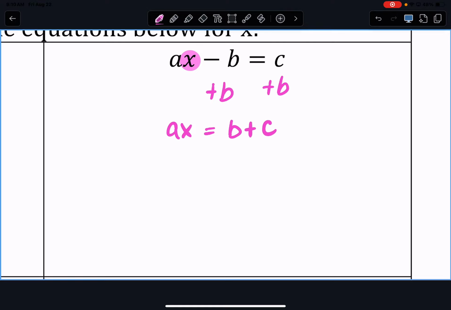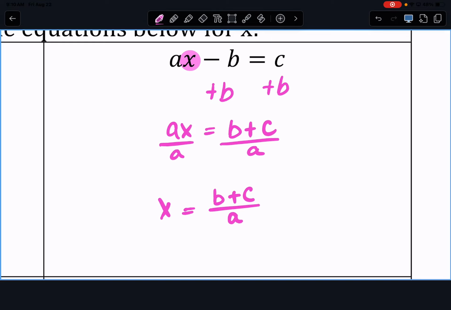We only do bc if we multiply. And then I have to get x by itself. So what do I need to do? Divide by a. So we get x is equal to b plus c divided by a. So essentially we're doing the exact same thing we've been doing, except we're not worrying about the arithmetic and the simplification and all of that.